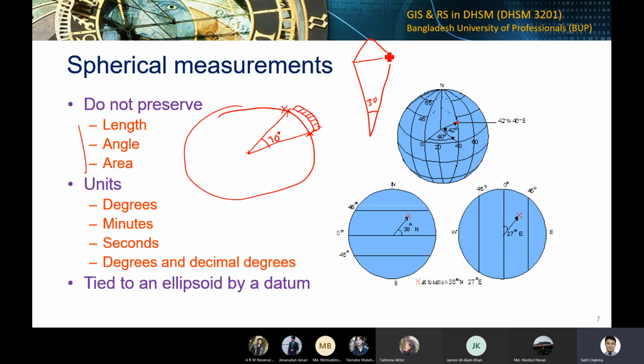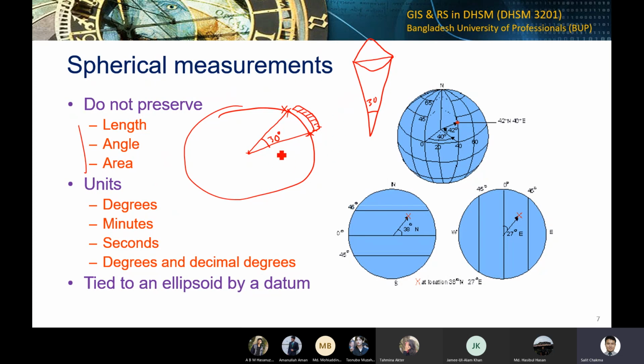So length is affecting the area. If this is something depressed, still the length is changing and thus the area, and in the same way the angle between the different points and locations are also changing. So that's why we cannot preserve all these things all together when we do a spherical measurement.